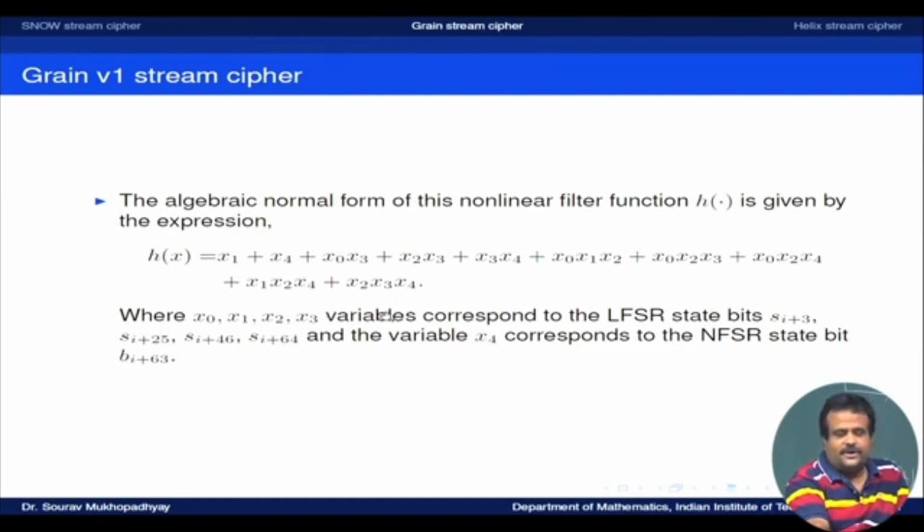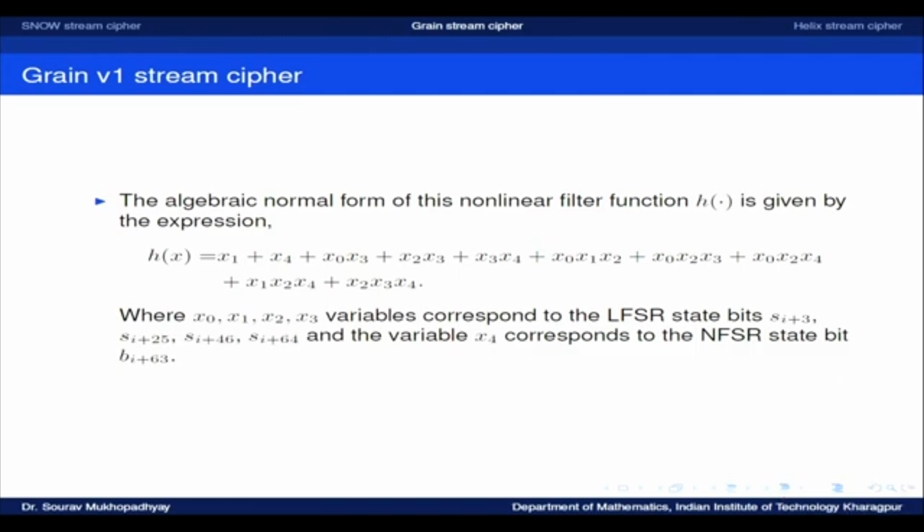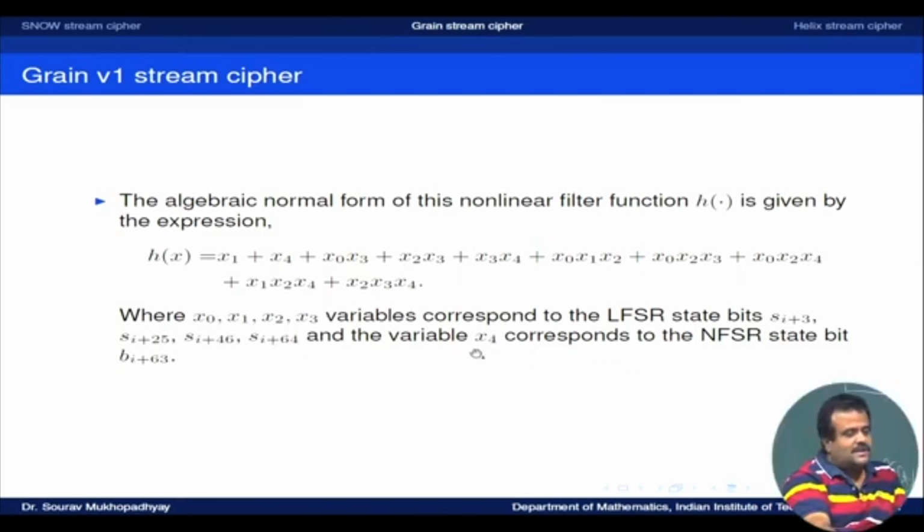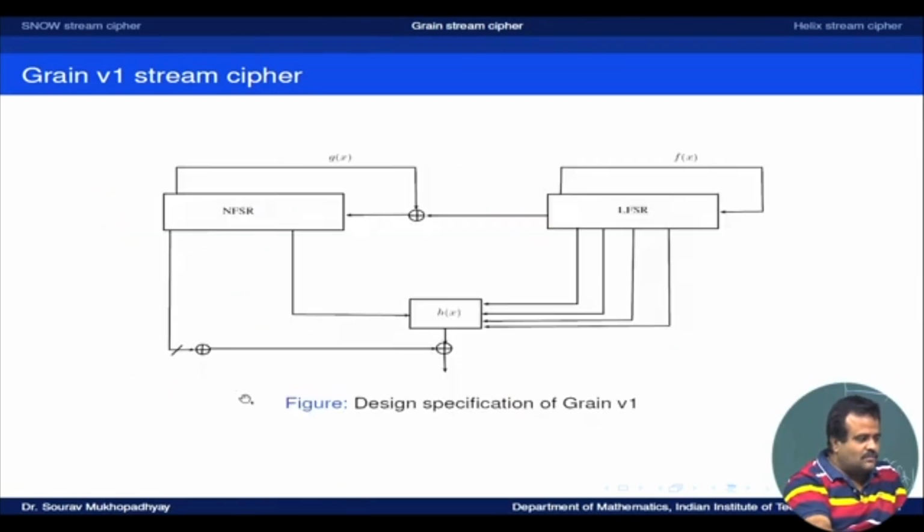So it keeps on updating this. So basically for the LFSR, which bits? The third position, 25th position, 46th position, and 64th position. So these are the positions from the LFSR contributing in the H function, and for the NLFSR it is basically the 63rd position.